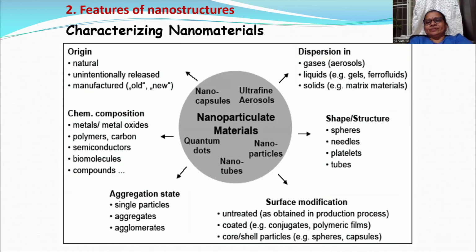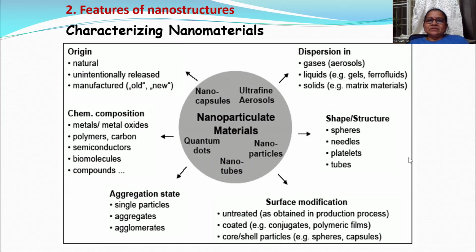Similarly, different shapes, spheres, needles, platelets and tubes, can all be observed with nanoparticles. And surface modifications: untreated as obtained in the production process, or coated, can be done, for example with nanotubes. These parameters are taken into consideration for characterization of nanomaterials.